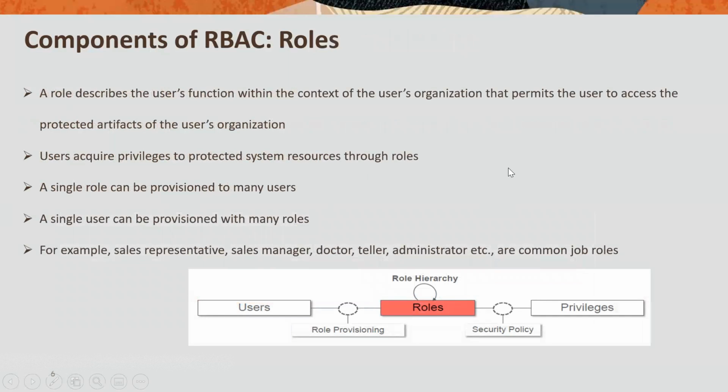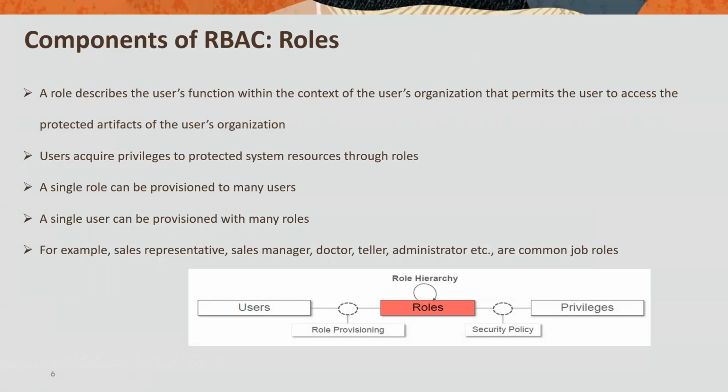And then roles. Roles is nothing but, just now we saw, a sales manager. That is called a role that will define which functions the user can do within that organization. In one role, we can provide multiple hierarchy roles.